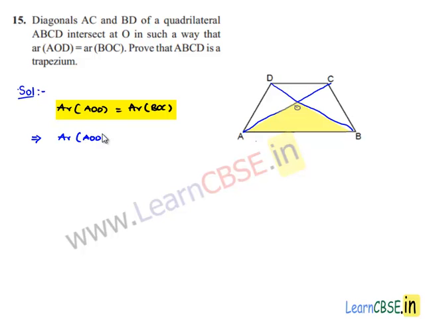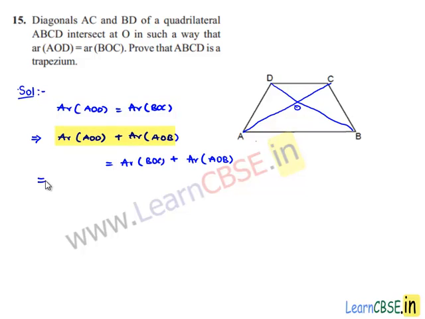Then we get area of triangle AOD plus area of triangle AOB is equal to area of triangle BOC plus area of triangle AOB. That implies area of triangle AOD plus area of triangle AOB is nothing but area of triangle ADB, and area of triangle BOC plus area of triangle AOB is nothing but area of triangle ABC.